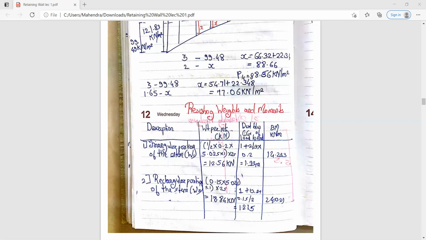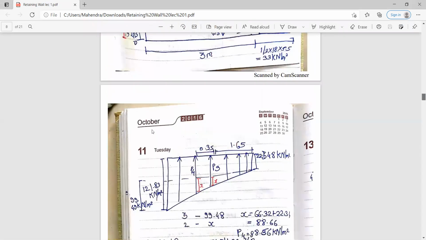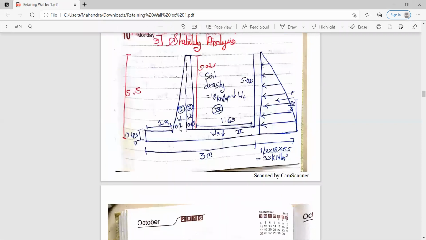Then you need to calculate the distance from the CG of the load to the end. That will be 1 plus 2 by 3 into 0.2.